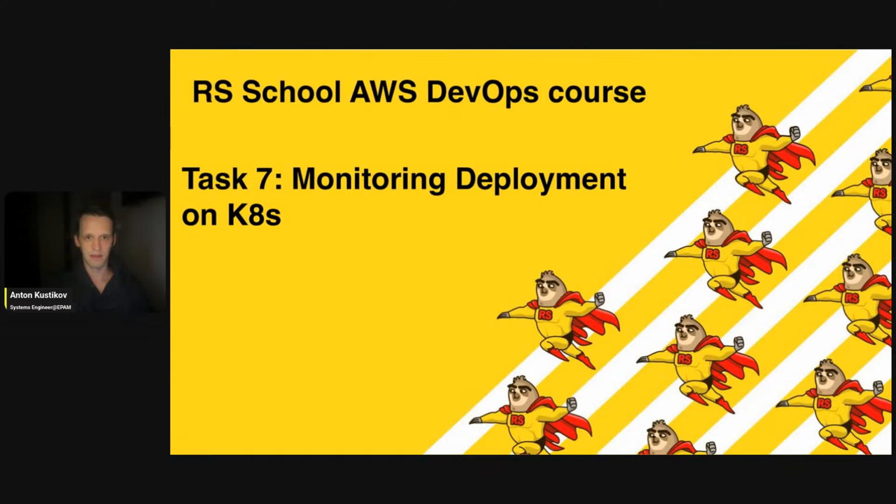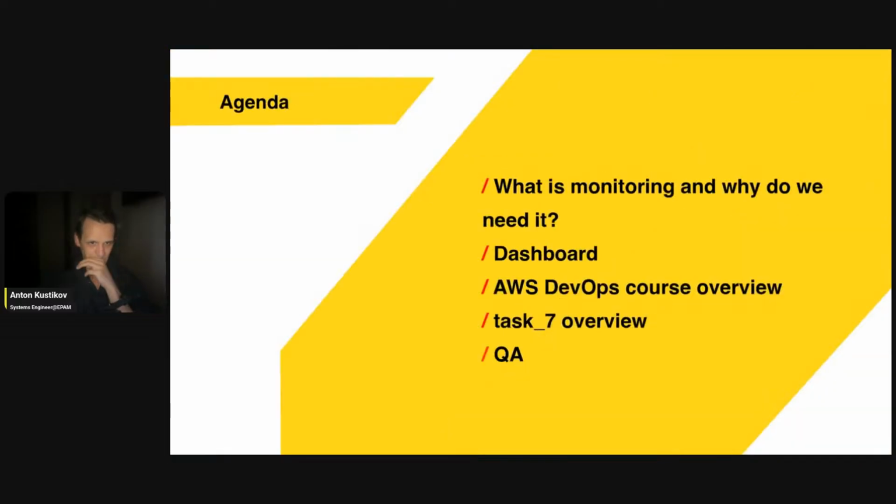Let's have a look at today's agenda. First of all, we will talk about what monitoring is and why we need it. Next, we will talk a bit about the dashboard. Is it just a fancy thing which is usually used by managers, or can we somehow benefit from such an entity, I'd say.